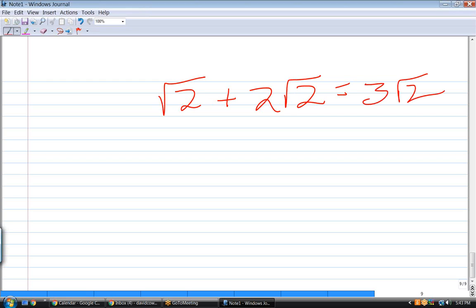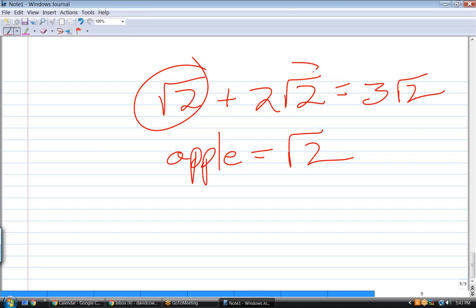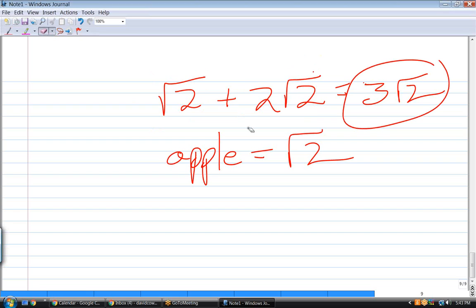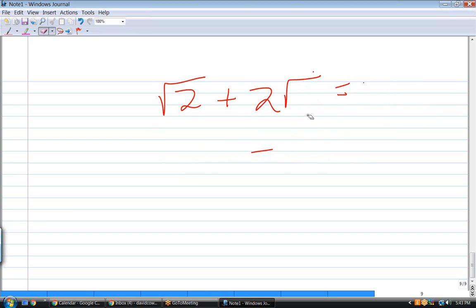3. In other words, think of these as being apples. My apple is equal to a root 2. So I have 1 apple plus 2 apples equals 3 apples. And I can only add them together if they're the same thing. In other words, if I change that to a 3, I can't do anything with it.